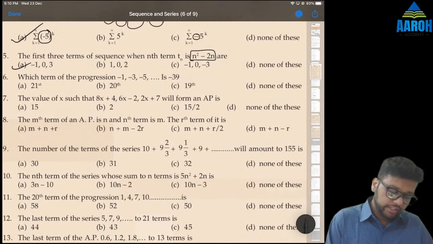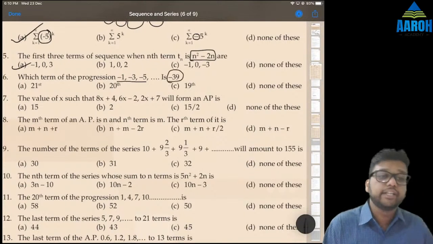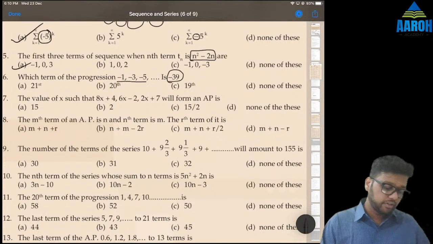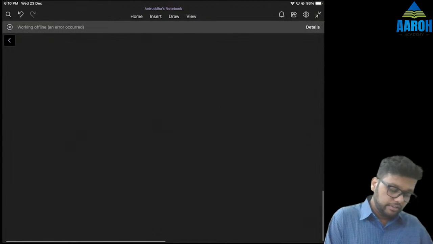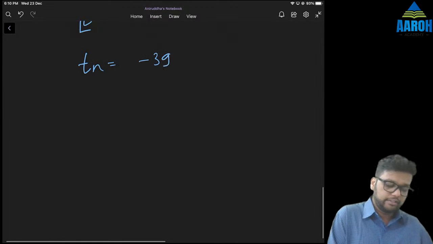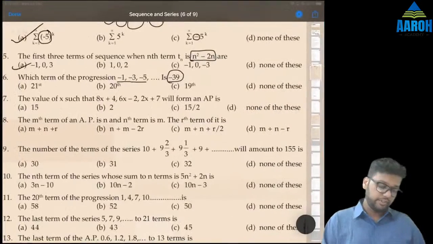Which term of the progression, this -1, -3, -5 dot dot dot, is minus 39? Okay, now maybe we'll try to solve this. Which term? That means they are saying nth term is minus 39, and they are asking which term. That means n is what? Fine.